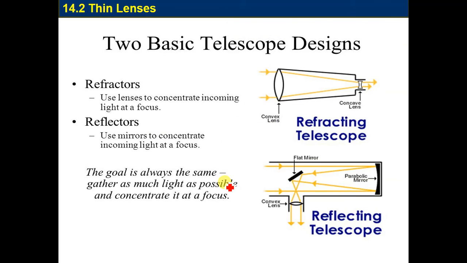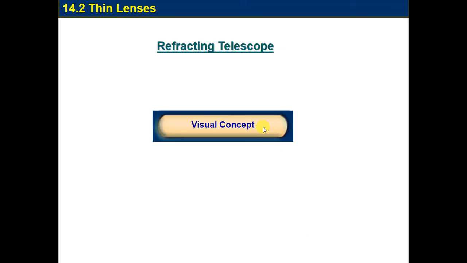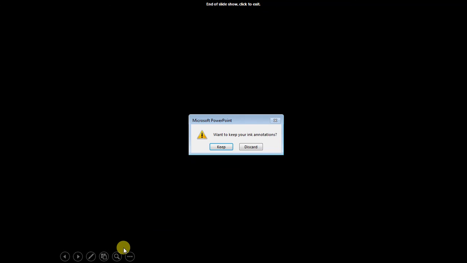Refractors use lenses to concentrate incoming light. Reflectors use mirrors. The goal is always the same: gather as much light as possible and concentrate it to a focus. This is everything for this section. We will see this module concept and we will be done with this section.